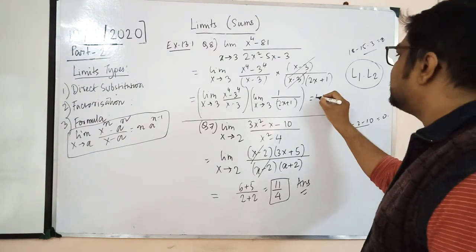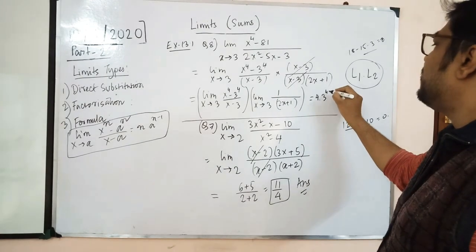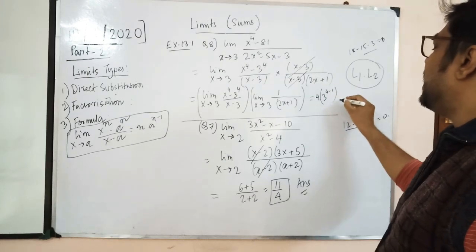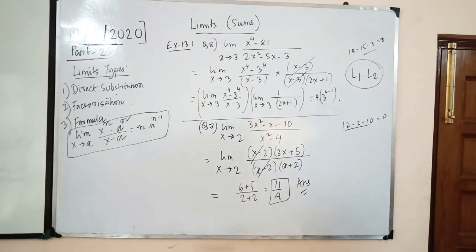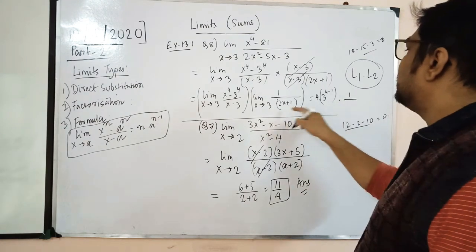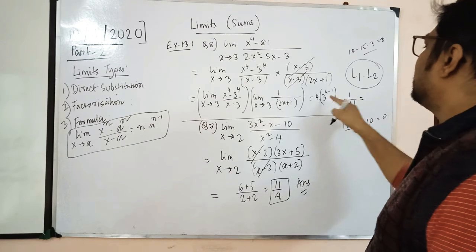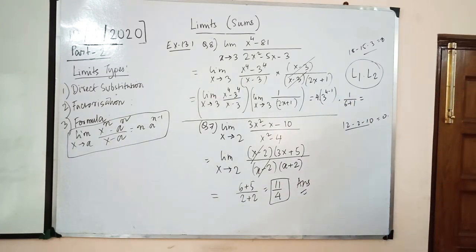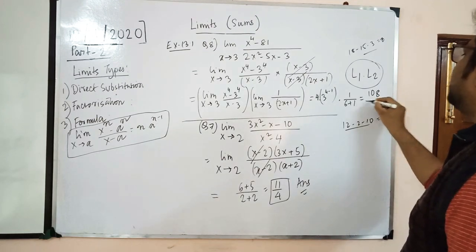So obviously that formula, I know I'll get the answer. What is n? n is 4. So 4 times 3 to the power 4 minus 1. Okay. And here you can directly substitute, because we observe a non-zero denominator. So 1 by 6 plus 1. So the answer becomes, here you get 3 cube means 27 into 4, which is 108 by 7.